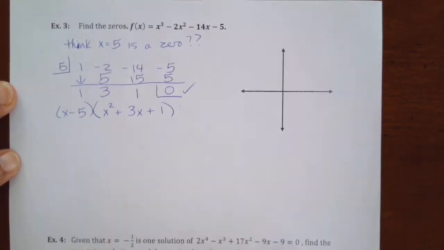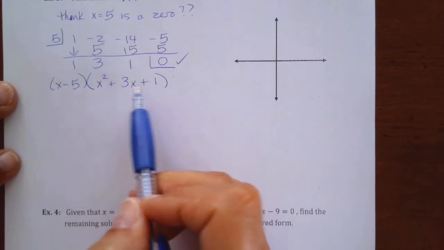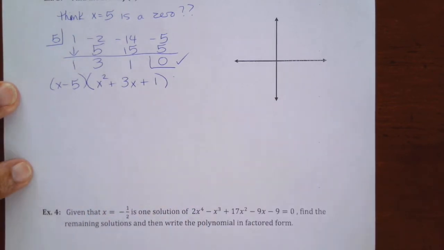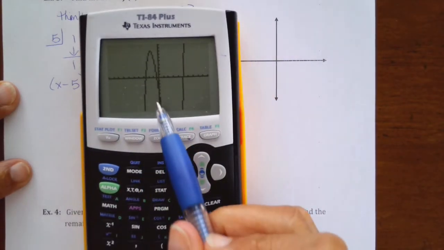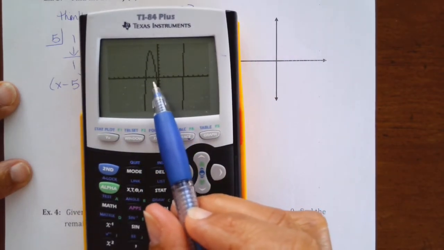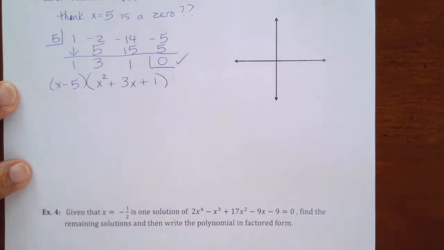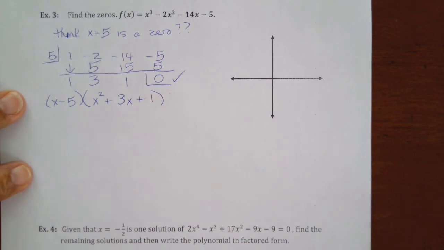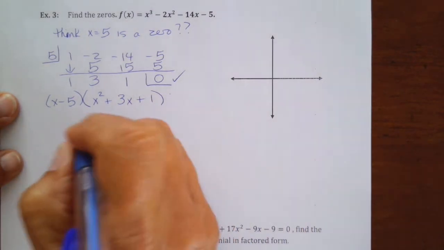Okay. All right. Now, this is not factorable. There are no factors of 1 that add up to give me 3. So that means that these are irrational roots. They're not fractions at all. They're going to be square root of something, so they're decimal numbers. So I'm going to do the quadratic formula to find my other zeros.